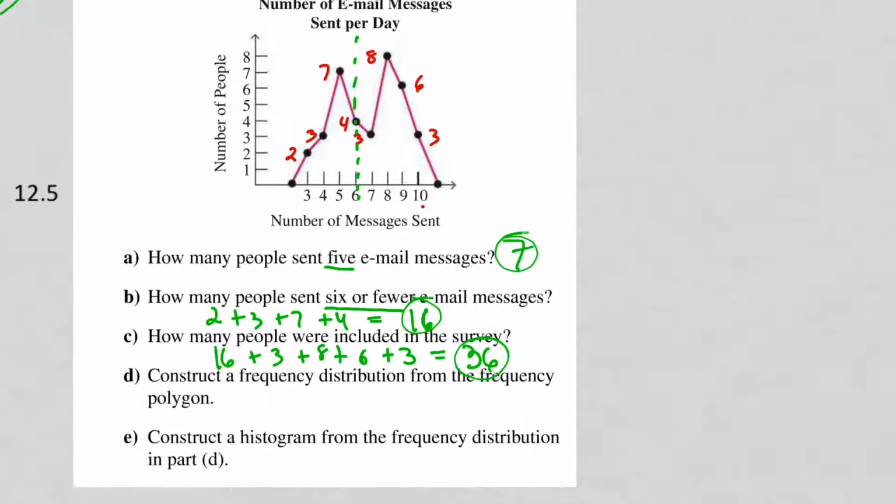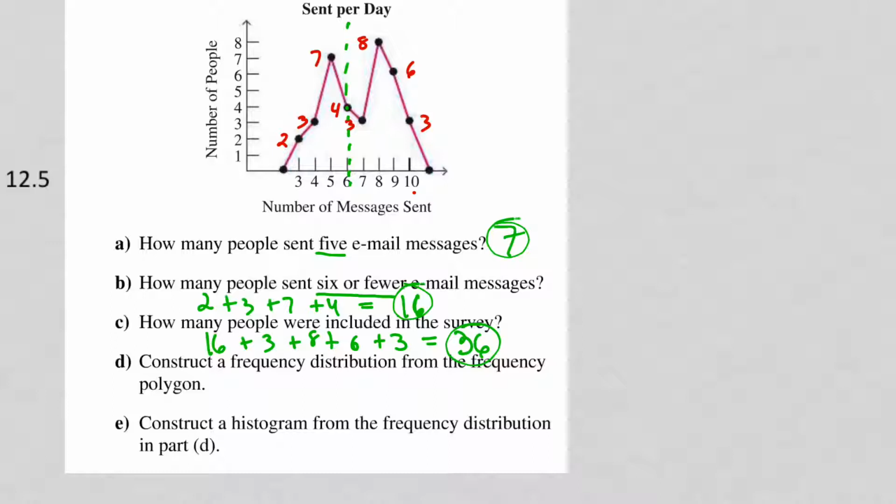Now we need to use that information to construct a frequency distribution. So this is letter D. We want to do messages and number of people.